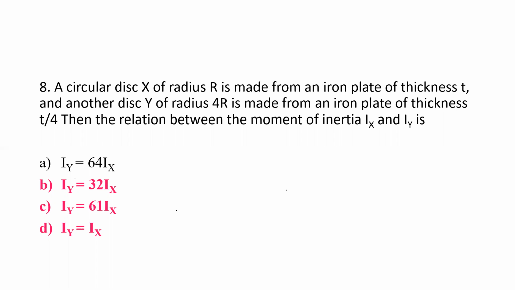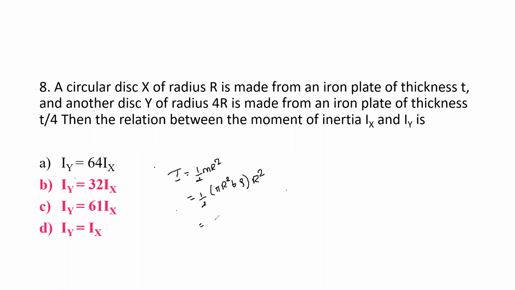Here, the moment of inertia of a disc perpendicular to the plane. We need to consider perpendicular to the plane now. So when we are considering perpendicular to the plane, we have the formula that is moment of inertia I is equal to 1 by 2 m r square, equal to 1 by 2 pi r square t into rho into r square.